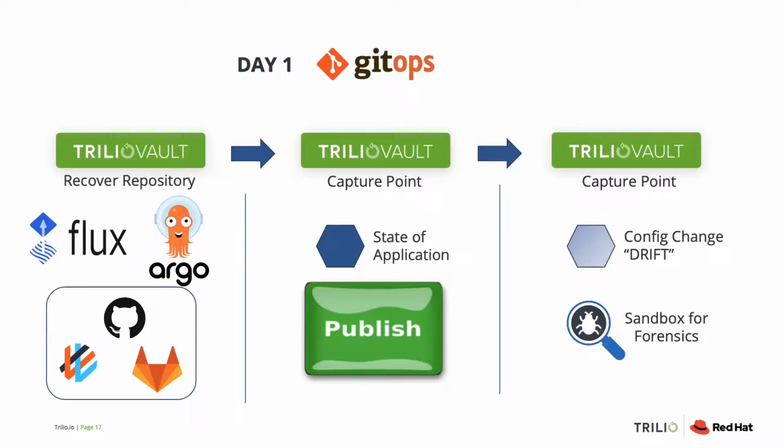Certain industries require the running state of the application to be captured as well. Trilio can help you meet those compliance needs. And finally, if you want to take an environment and do pen testing, security analysis, or forensics with that running state, you can do that very easily too.